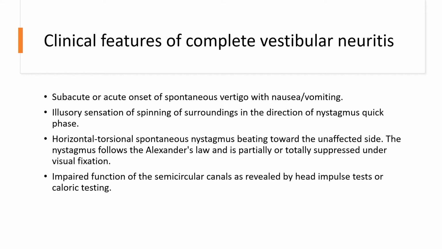And as I mentioned earlier, the nystagmus follows Alexander's law, and it is partially or totally suppressed under visual fixation. Head impulse tests or caloric testing can demonstrate the impaired function of this semicircular canal.